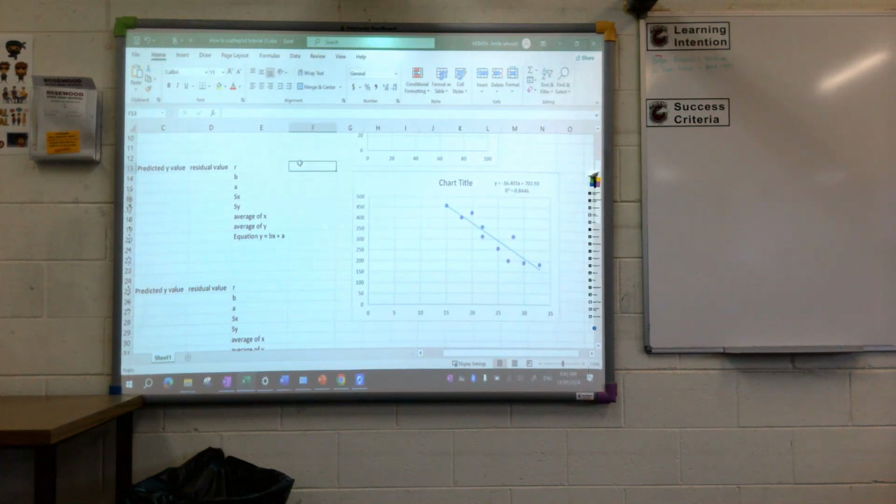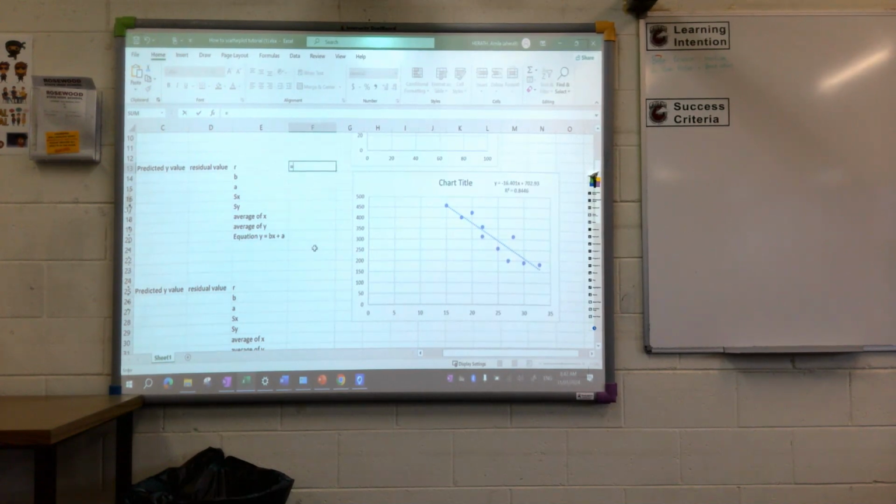Alright, first thing we notice, this is a negative trend line, and that means our gradient is going to be a negative number, which is our B value here. So when we get a B value, we need to make sure we make it negative, but I'll get to that in a second.